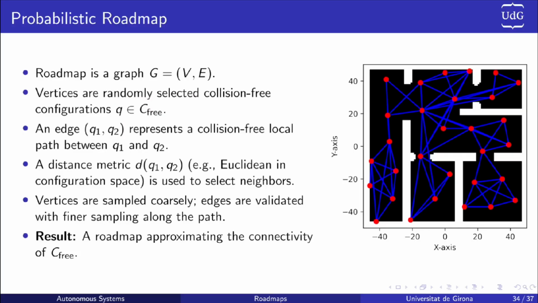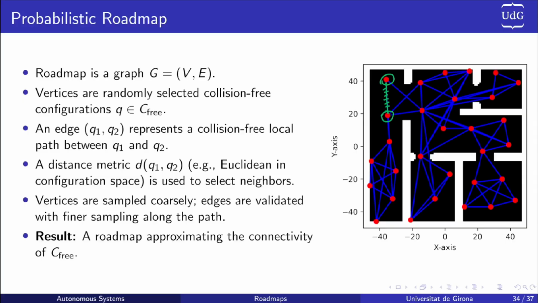Then we create edges that connect these vertices, and they are collision-free paths between these vertices. To do that, we are going to use a local planner, and the only thing that our local planner will do is, imagine that I want to connect this vertex with this vertex here, then what it will do is just create a straight line, discretize that, and check if each point is in collision or not.